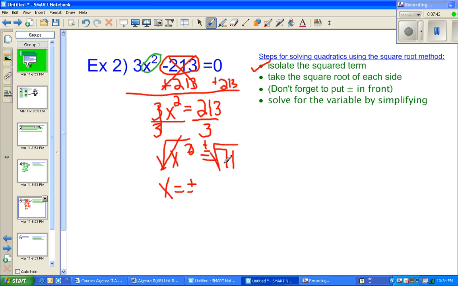We can try 9. We can try 4. And so we've gone through the whole list. There's nothing to simplify here. So your answer would just simply be plus or minus the square root of 71. You can always check that by plugging those values back in for x and making sure this equation works out well.